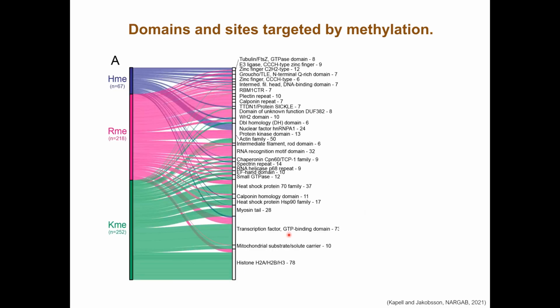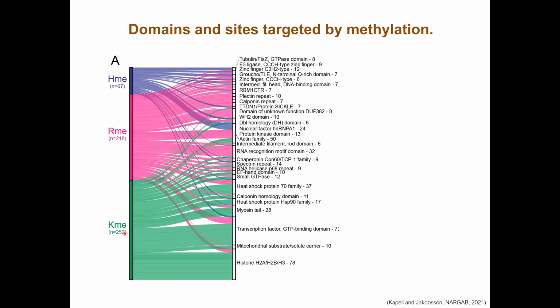And then we looked into which domains were targeted by methylation, and domains that were significantly enriched for a methylation event are indicated in this Sankey plot. Here you see domains for histidine methylation, arginine, and lysine methylation.